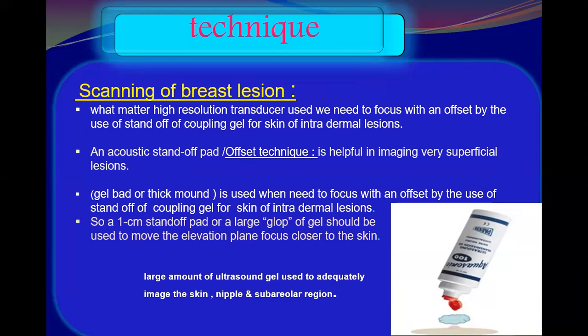The area of the narrower zone of the transducer is where I could see the lesion very sharp. This is the area where the elevation plane is working.